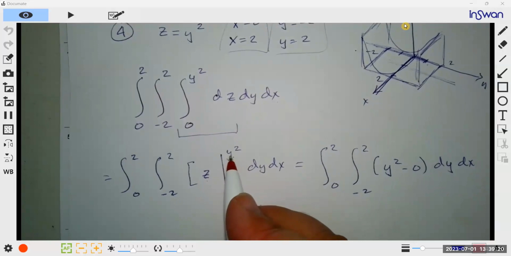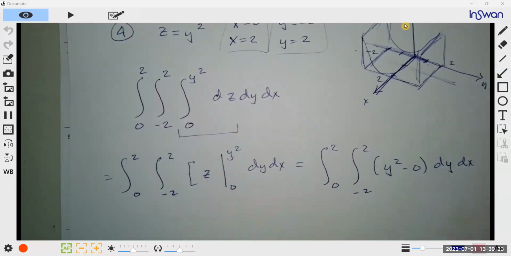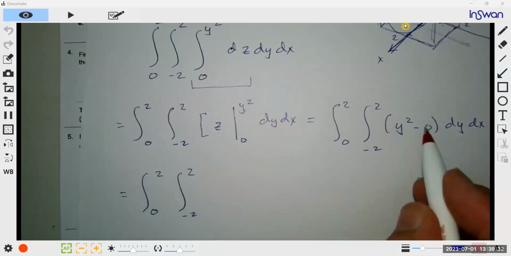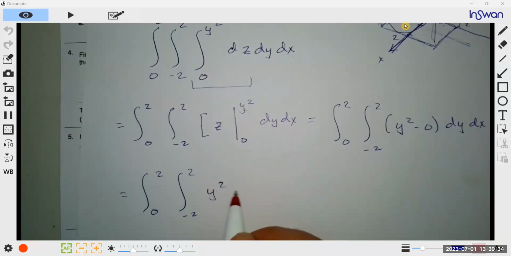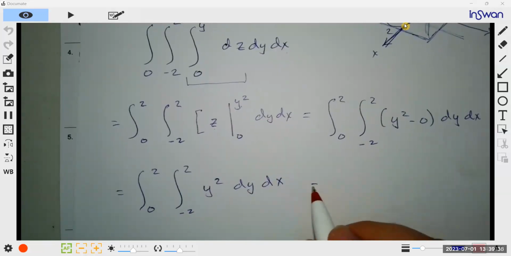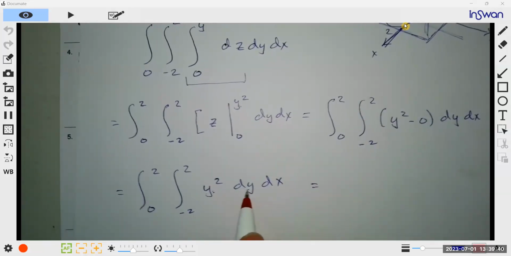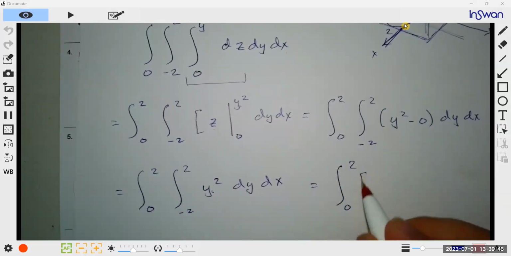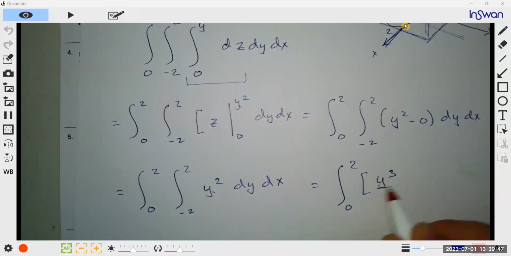Z is y squared minus 0, so we have y squared. So the integral of y squared with respect to y is y cubed over 3 from -2 to 2.